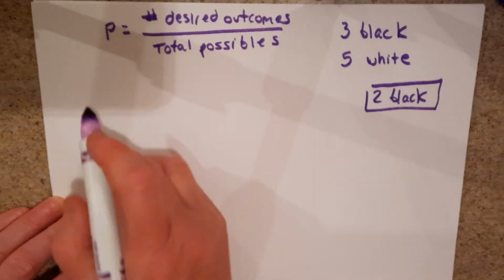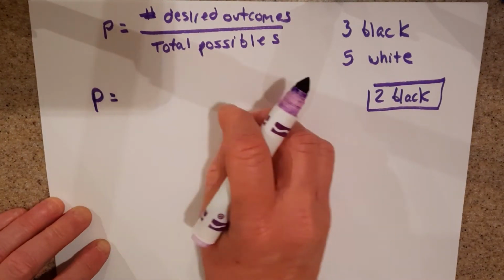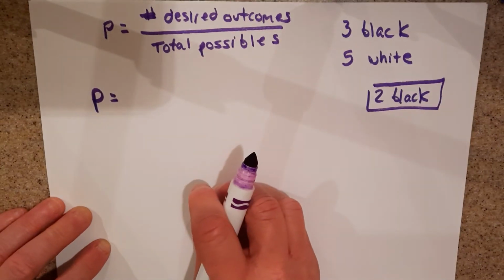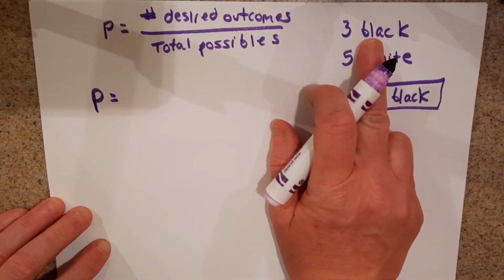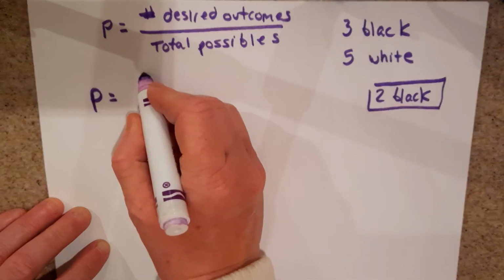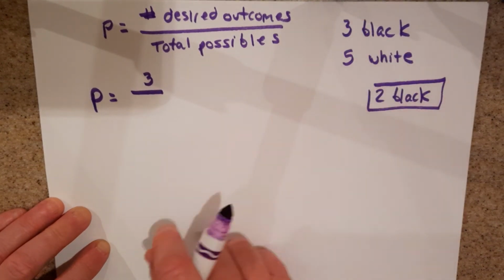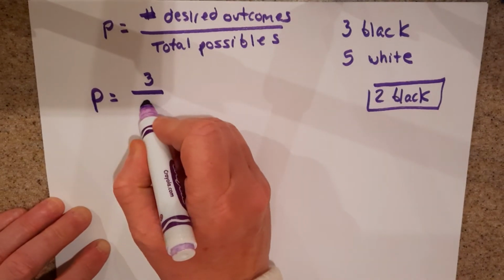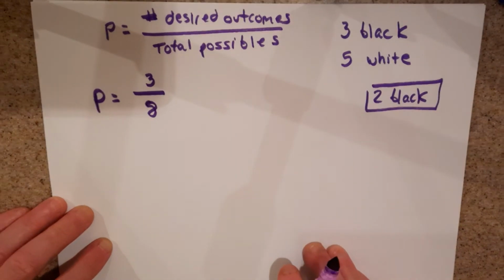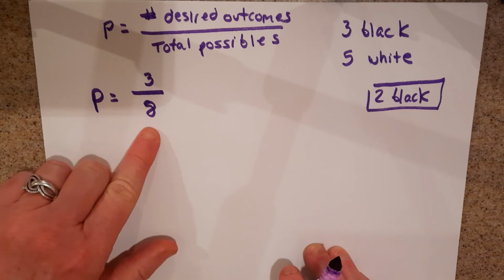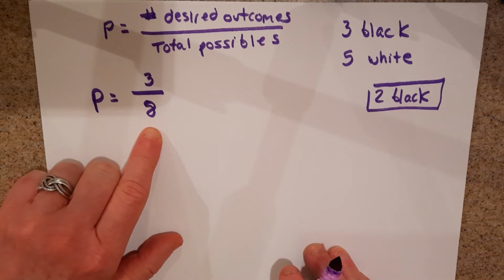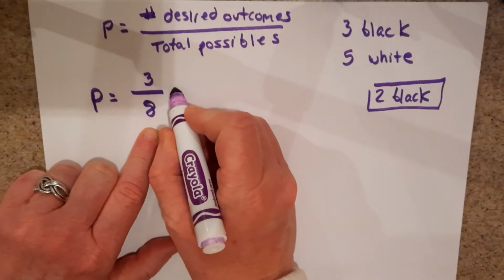So we're going to see what's the probability of pulling out 2 black marbles? To find the probability, the first time that we reach our hand into the bag, the chances of pulling out a black would be 3, because there's 3 black marbles, out of a total possible of 8. There are 8 marbles in the bag, so it would be 3 out of 8. That's the probability of the first time we would draw a marble. The second time we would draw a marble, we're going to multiply it.